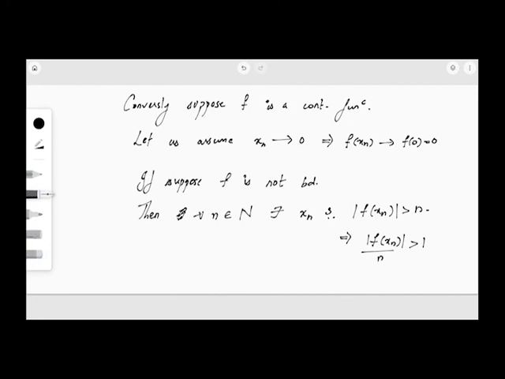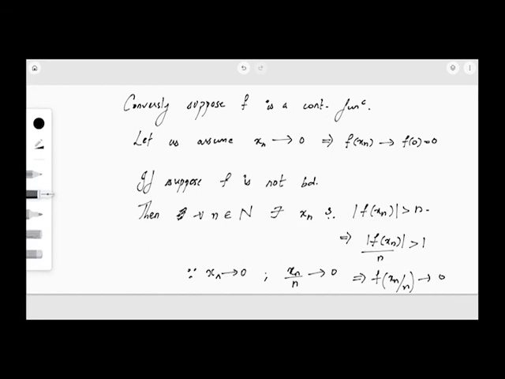Now since we had assumed that xn converges to 0, we can see that xn by n will tend to 0. As xn tends to 0, xn by n will also tend to 0. So since f is a linear functional which is continuous, f of xn by n should also converge to f of 0, that is 0.